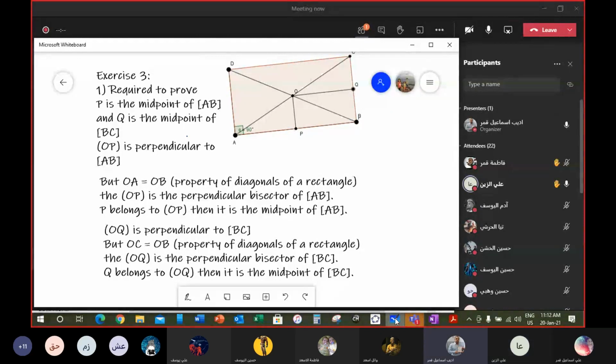So there is more than one method, and the method Ali Zein said is correct. We prove that OA equals OB, so OAB is an isosceles triangle, and the height from the vertex to the base of an isosceles triangle is the perpendicular bisector, the median and the angle bisector. Then P is the midpoint of AB. Good, Ali Zein.